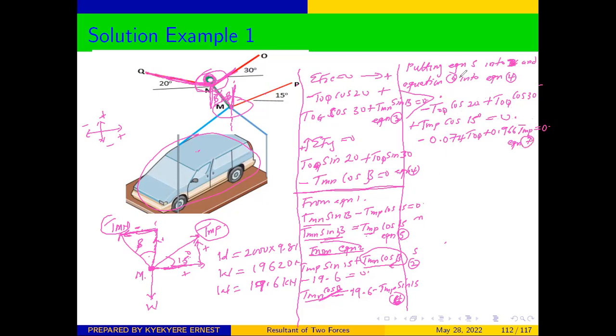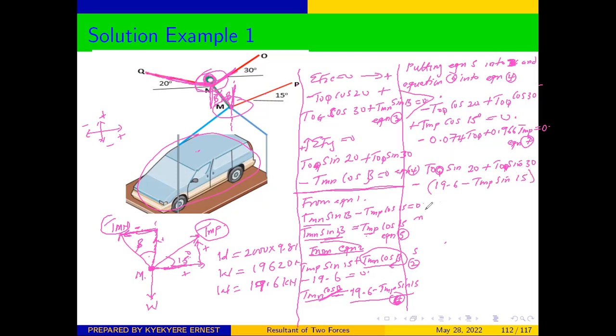And then we can also put equation 6 into equation 4. It is going to give us TOQ sine 20 plus TOQ sine 30 minus whatever we are substituting, which is 19.6 minus TMP sine 15.